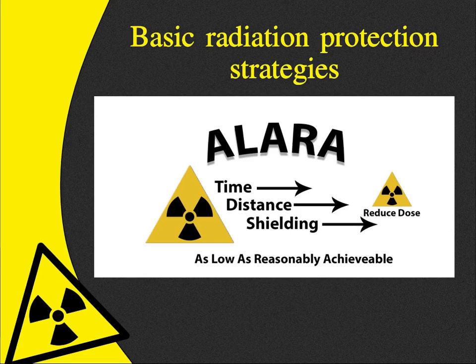The basic radiation protection strategies to reduce dose to staff are time, distance, and shielding, which is called ALARA, as low as reasonably achievable. If we reduce the time, if we increase the distance, if we increase the shielding, we will get a reduction of radiation exposure.